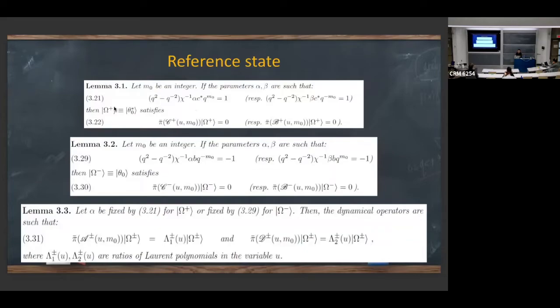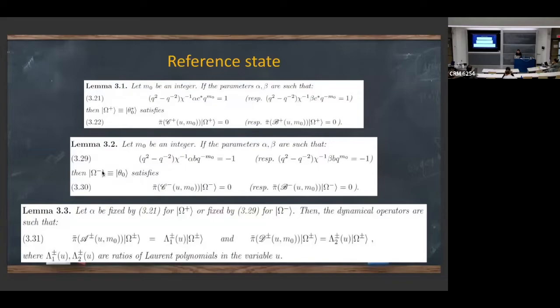So we consider, for example, omega plus given by the first one in the basis, omega plus theta 0 star. And by choosing, for example, alpha given by this formula, we find that the C plus operator does annihilate this state. And similarly for omega plus, for B plus, but now we have to choose beta and so on.